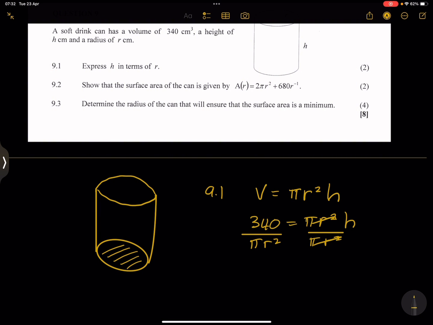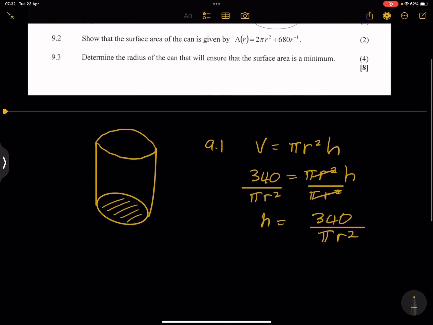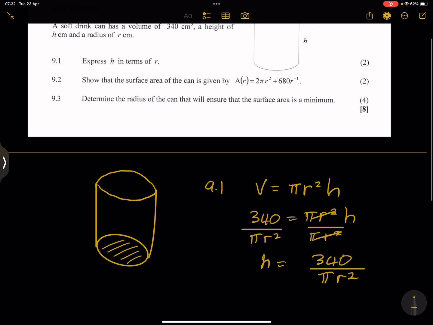That cancels with that, and so what we have is h is 340 divided by pi r squared. So that is the expression of h in terms of r. Now they say show that the surface area of a can is given by, so that's the entire surface area.